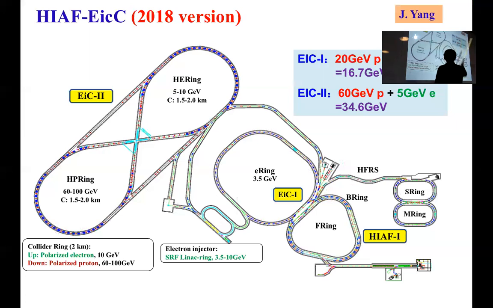So that's where the 20 GeV comes from, which gives you a center of mass energy of around 20, a little bit less than 20. So this can go from 20 up to 30. And what is the difference between E ring and F ring?